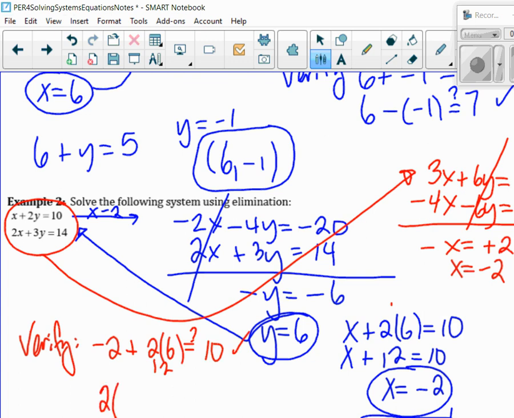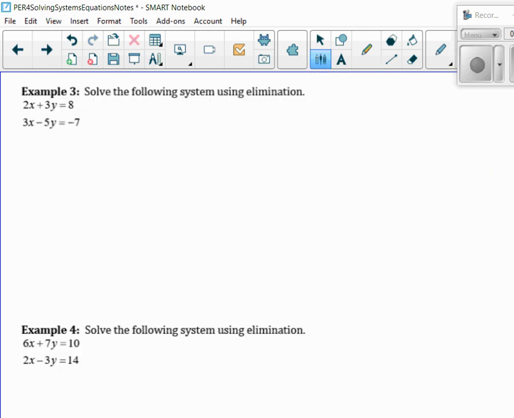So 2 times, again, my x was negative 2, plus 3 times 6, equal 14? So negative 4 plus 18, yep. You see it works? So again, that's how you verify so that you get 100% on your quizzes and tests, by following through with that. Okay, so do you see?